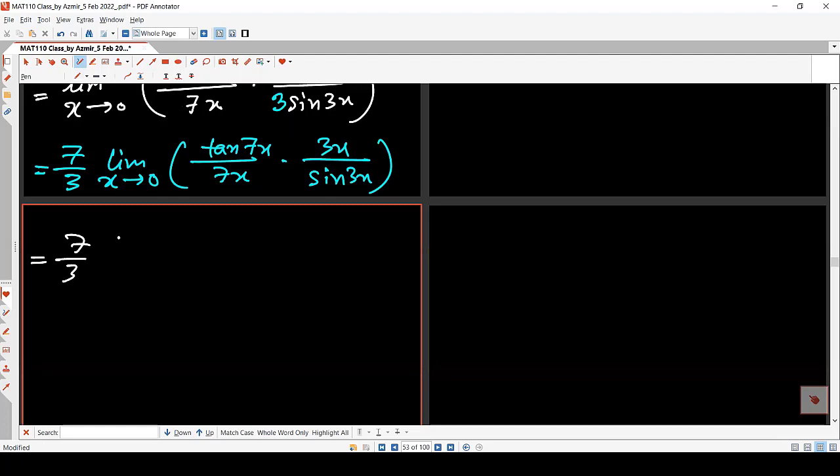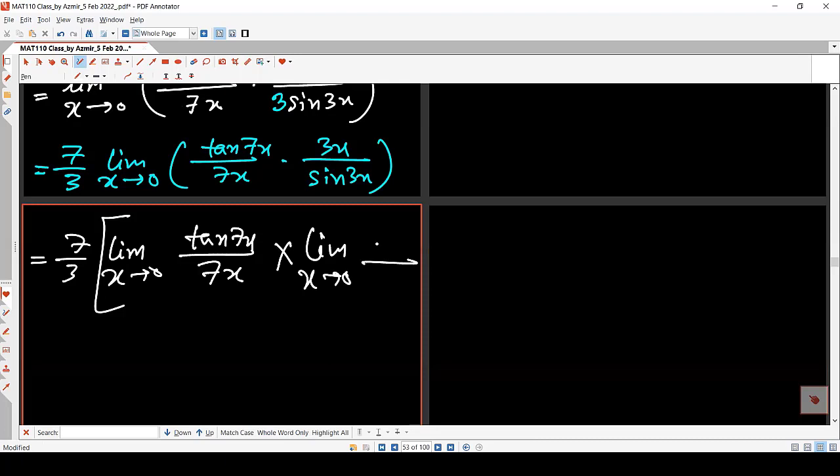With the help of the product law, we can write this one as limit tan 7x divided by 7x times limit x tends to 0, 3x divided by sine 3x.